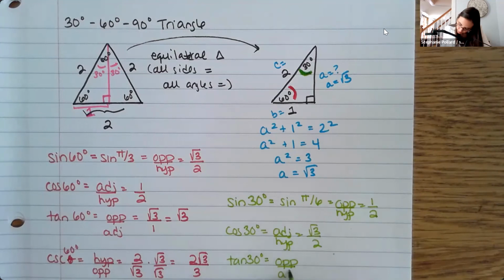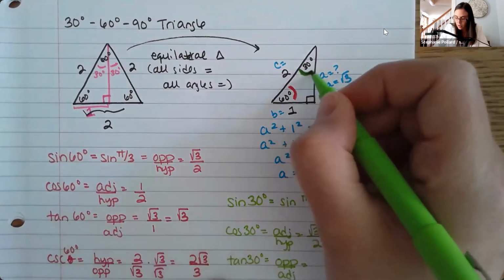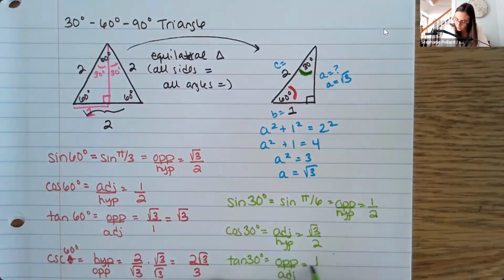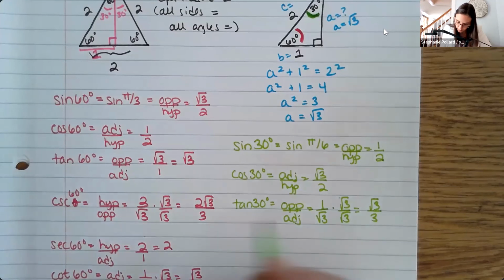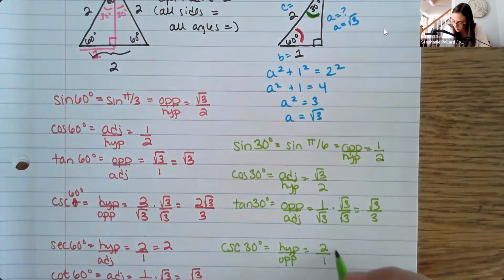Okay, so for my tangent, opposite is 1, adjacent is root 3. Again, you'll have a little bit of rationalizing to do here, and you get root 3 over 3. For my cosecant, my hypotenuse is still 2. My opposite is 1, so this becomes 2.